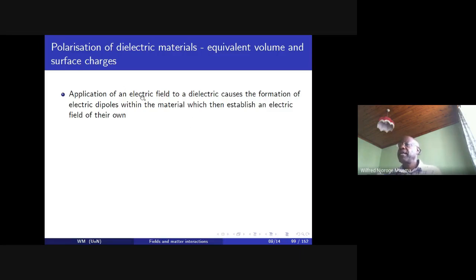So if we apply an electric field to a dielectric, we cause the formation of electric dipoles within that material, and this then establishes an electric field of their own.